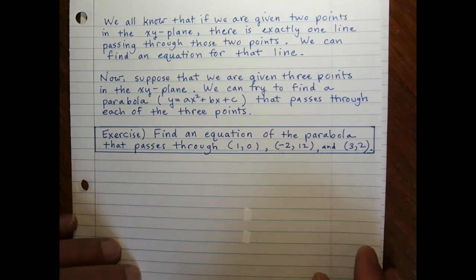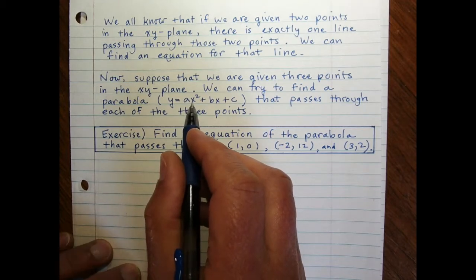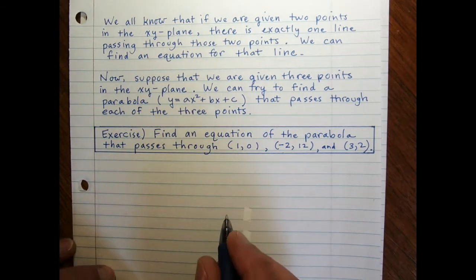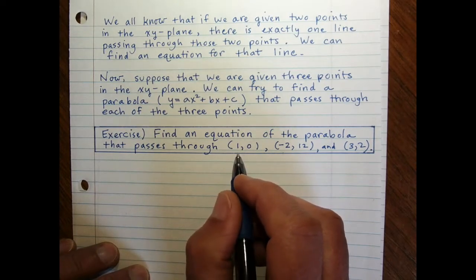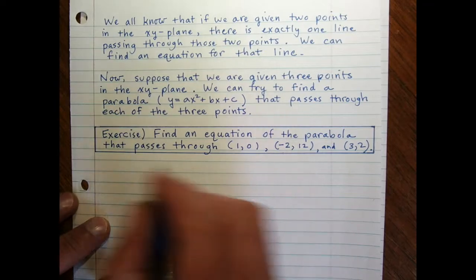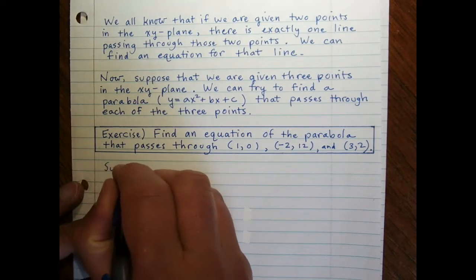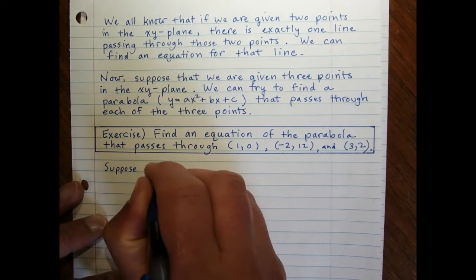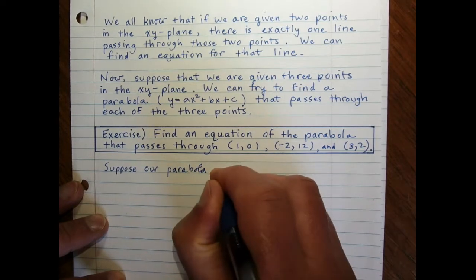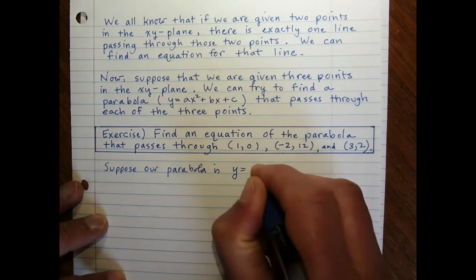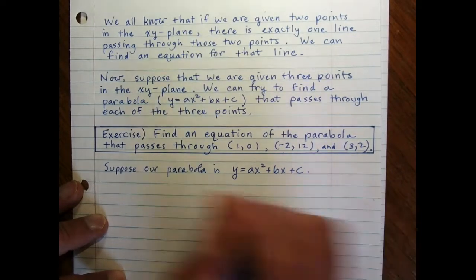Okay. So what does this have to do with a system of linear equations? Because a parabola seems like a very quadratic thing. Well, let's start with this. Suppose our parabola is given by y equals ax squared plus bx plus c.